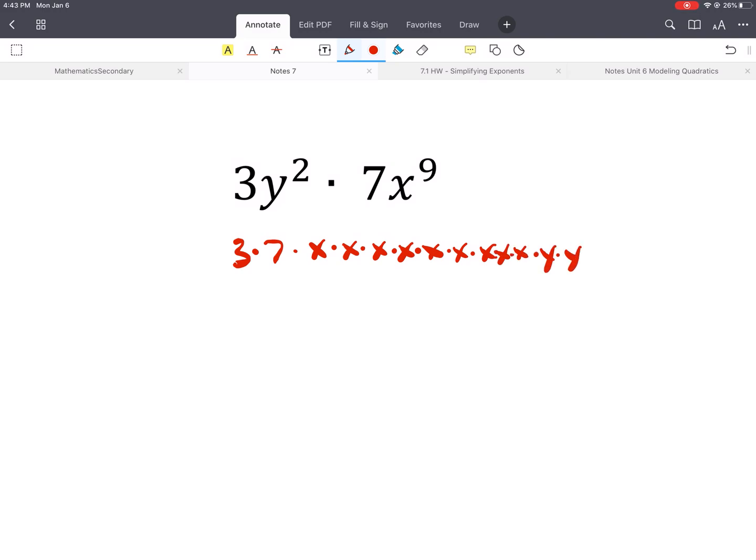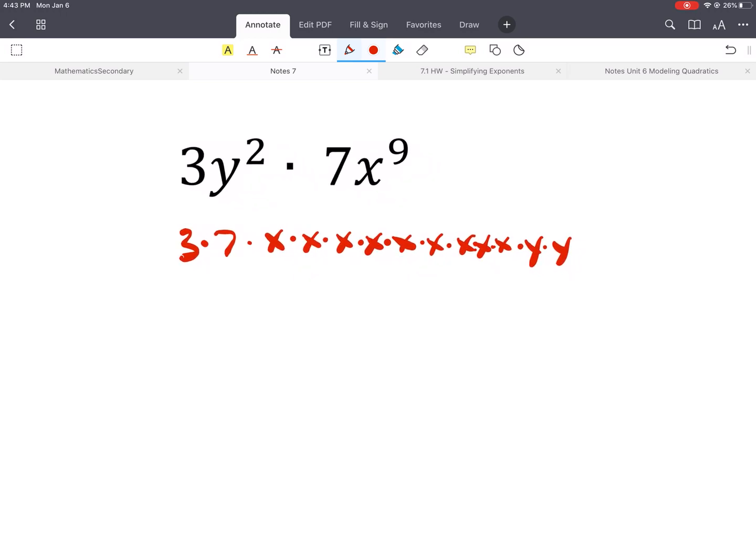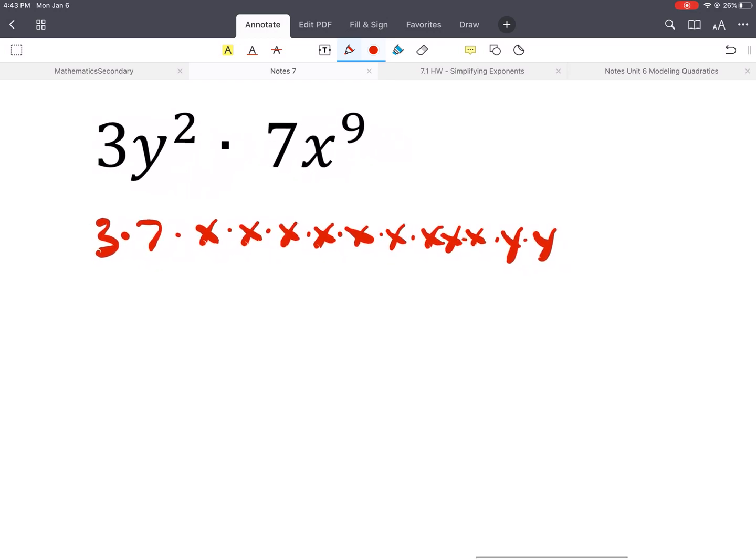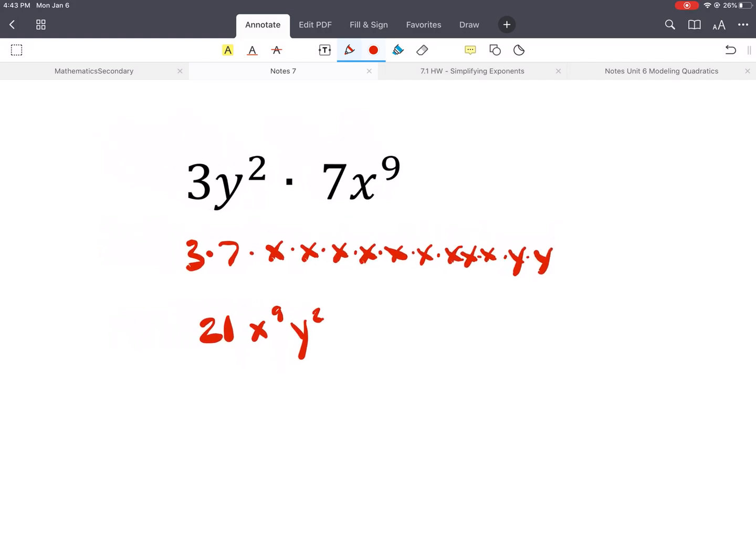The thing is that we cannot combine our bases that are different. So here we'd have 21, and then we'd have x to the 9th and y squared. Because we can't combine those, we just leave it like that.